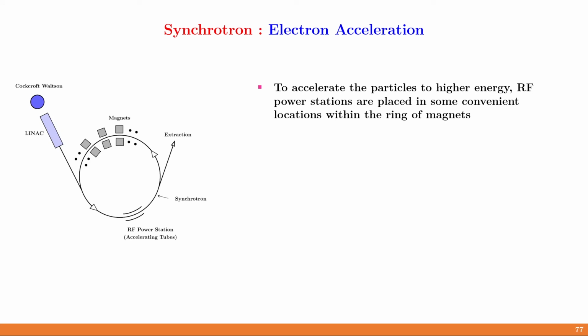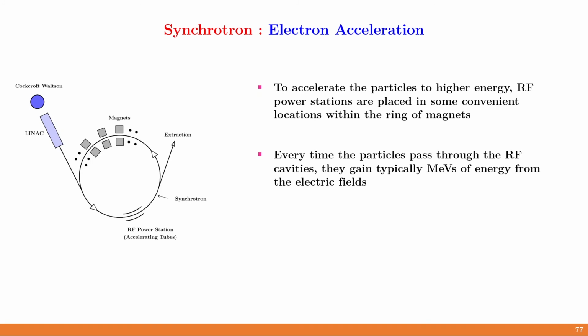To accelerate the particles to higher energy, RF power stations are placed in some convenient locations within the ring of magnets. Every time the particles pass through the RF cavities, they gain typically MeVs of energy from the electric fields.